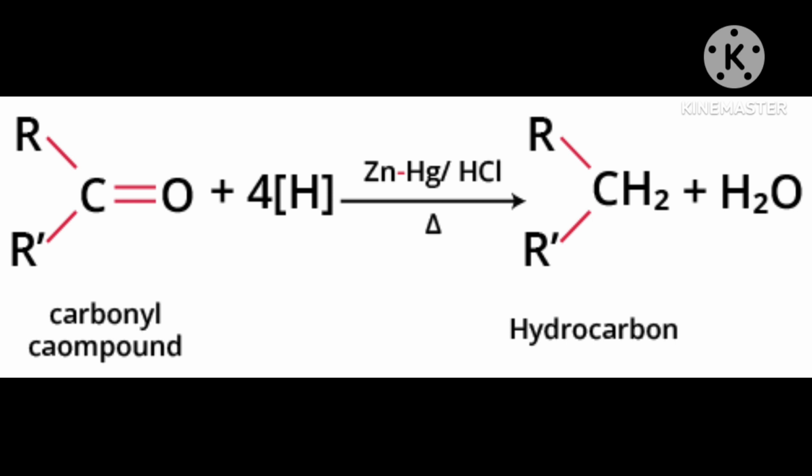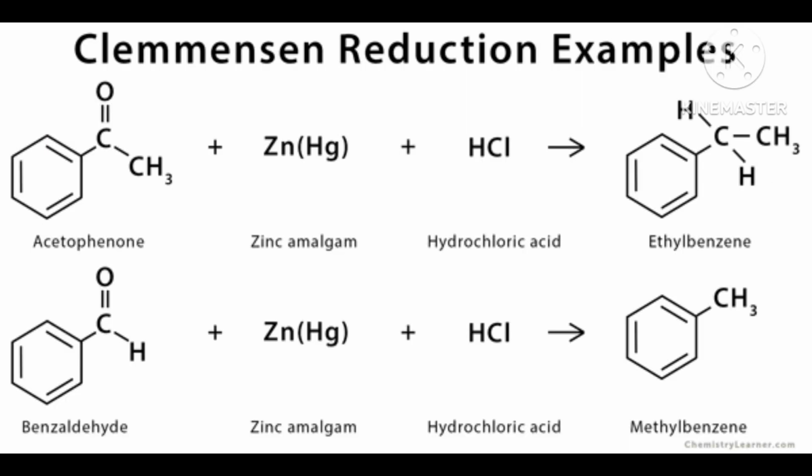That I am telling you. This reaction will take place in presence of hydrazine followed by heating with sodium or potassium hydroxide in a high boiling solvent such as ethylene glycol. If you maintain this condition, then this is called Wolff-Kishner reduction. In both conditions you will get hydrocarbon.